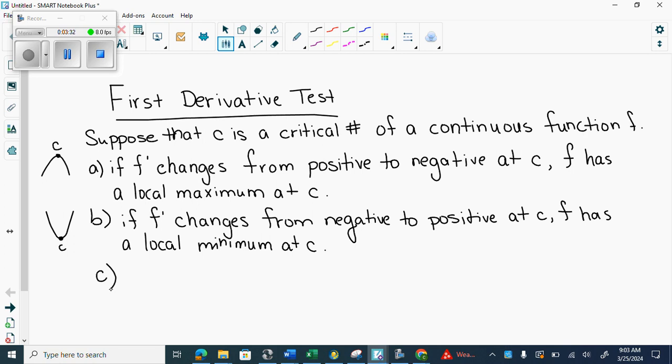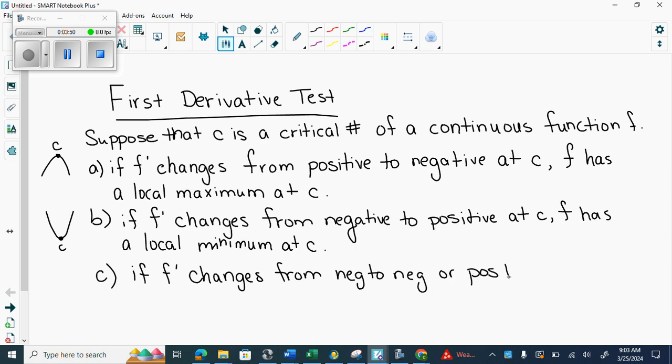Now if it changes from negative to negative or positive to positive, we said there could be a point of inflection, but what the first derivative test states is if f prime changes from negative to negative or positive to positive, there is no local min or max.